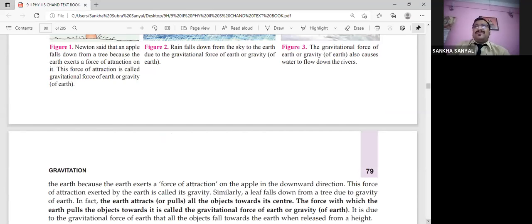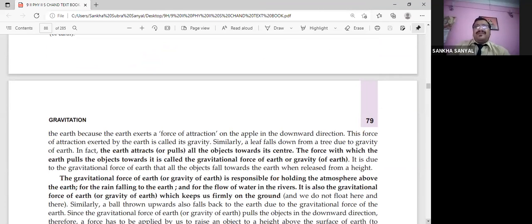And that's because of the force of gravity. The earth attracts all the objects towards its center. So we may say that the force with which a body is pulled towards the center of the earth is known as gravitational force, or the force of gravity, or the gravity of the earth.